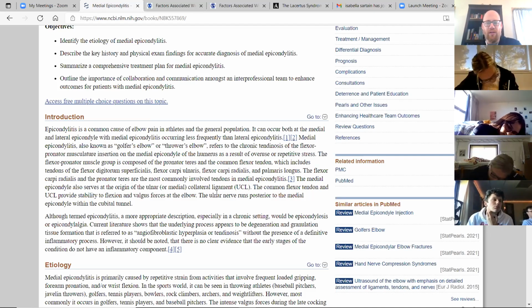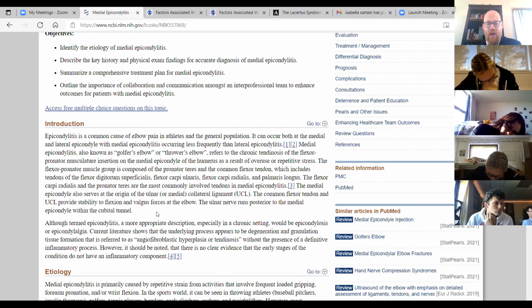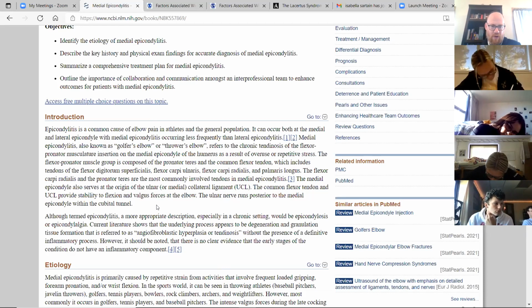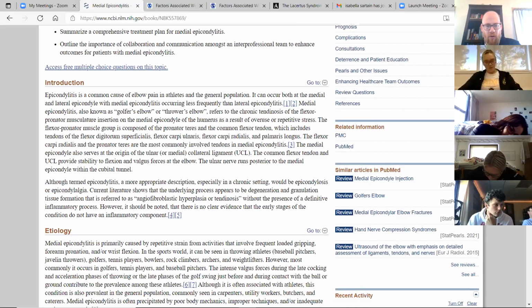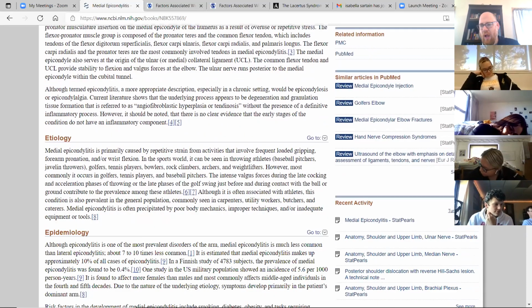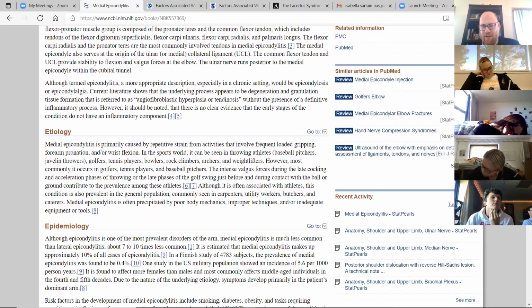Ultimately, what happens with medial epicondylitis is these are all overuse injuries. Through repetitive microtrauma, repetitive throwing, all those types of things, we can develop inflammation and essentially tendinosis of the medial epicondylar tendon and the attachments of the flexor compartment to the medial epicondyle.